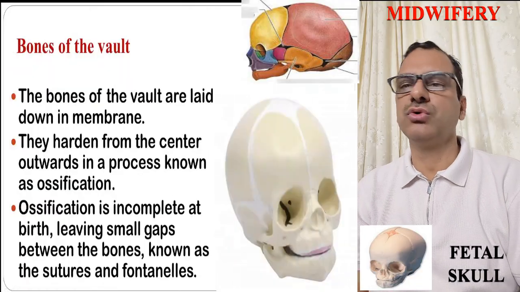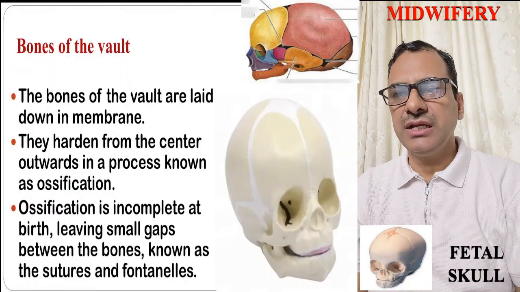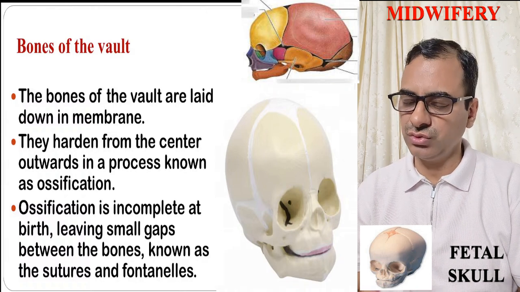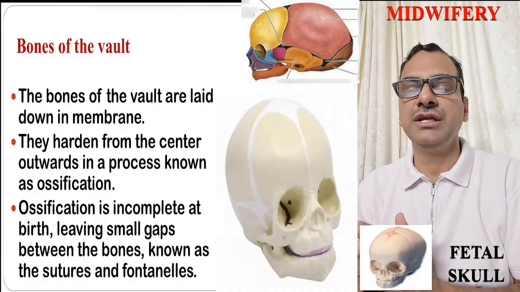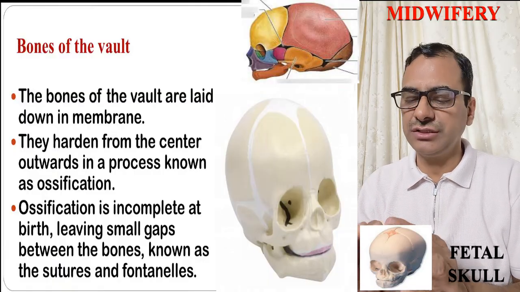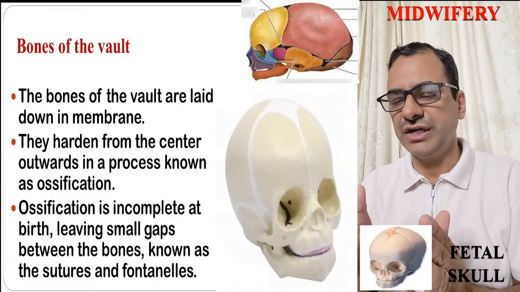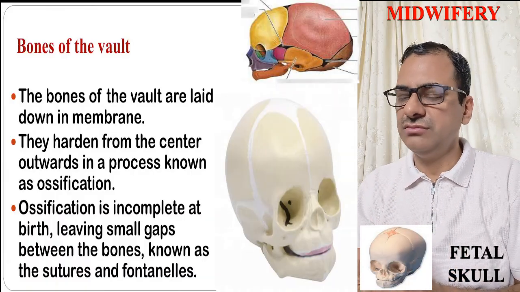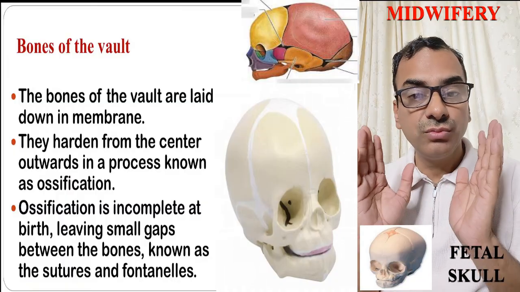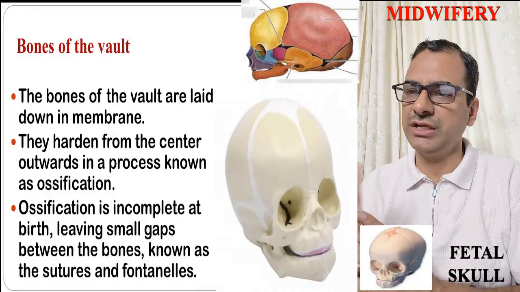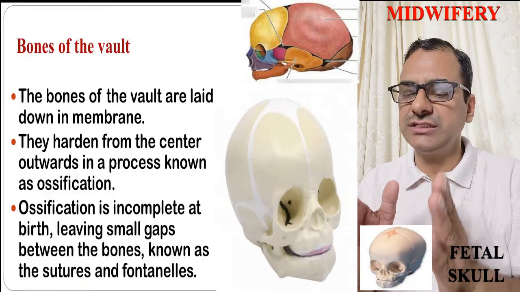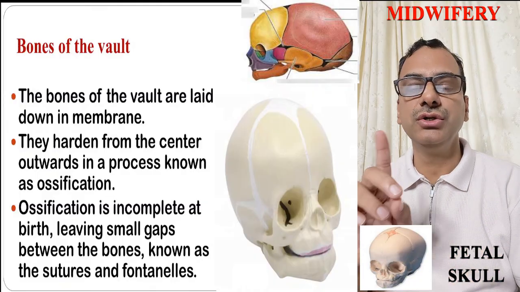Next, we should know the bones of vault. The bones of vault are laid down in membrane. Initially in the embryo there are membranes, and through ossification centers the bones become ossified. But even just before birth the bones are not fully ossified, so there will be membranous structure in between, and this helps in molding during delivery.